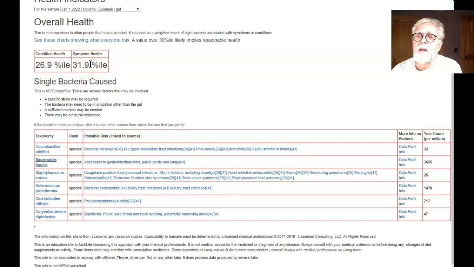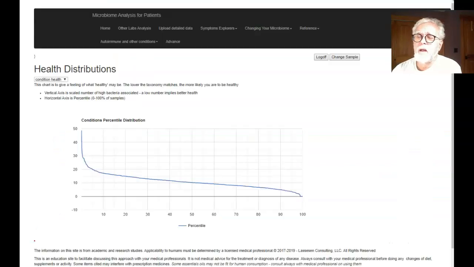Symptom help is where we find that on this side particular bacteria is associated with certain symptoms with a very high statistical probability. So those are the two numbers, 26 and 31. And if you go and click here, and open the chart, we will see we have a page showing condition, etc. We were in the 30s for both of them, so we're sitting here.